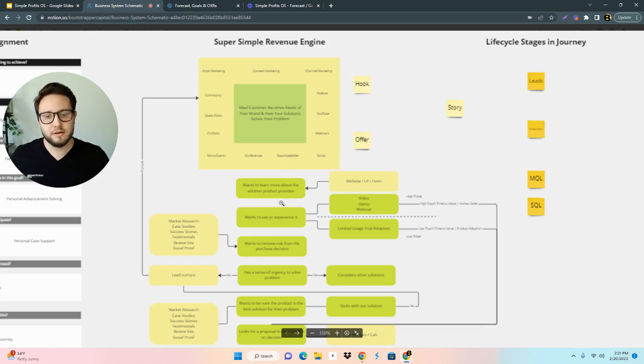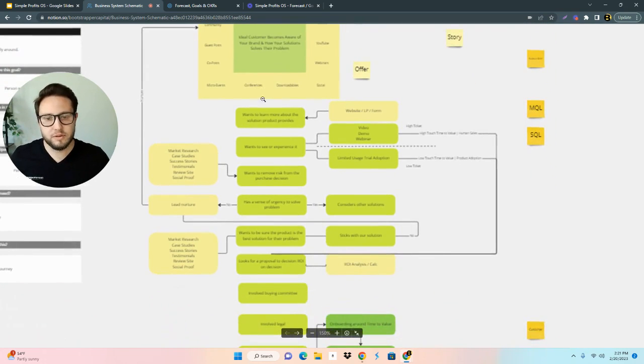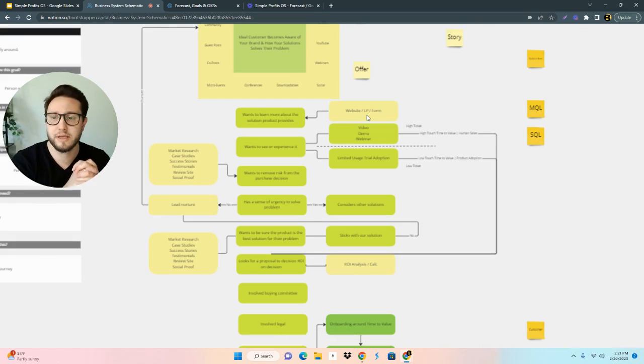At some point, you're going to convert, and you're going to convert when the ideal customer persona wants to learn more about what solutions you're providing. That's typically going to take place at the conversion point, which would be something like a website. You have a website so that you can educate and convert customers, get them to raise their hand that they're interested.